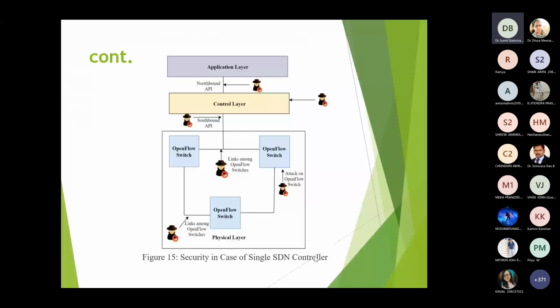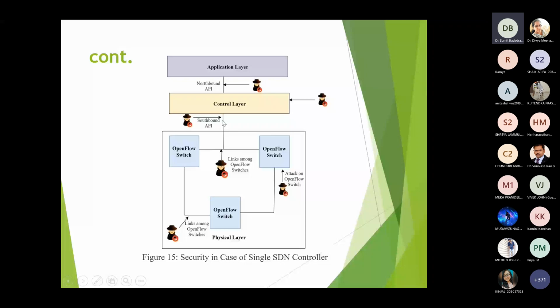Other vulnerable points in your SDN architecture are depicted in this figure. You can see an intruder can come in between the control layer and application layer and perform a man-in-the-middle attack on the northbound API. Then it can also work on the communication link of your southbound APIs, which is the OpenFlow protocol.